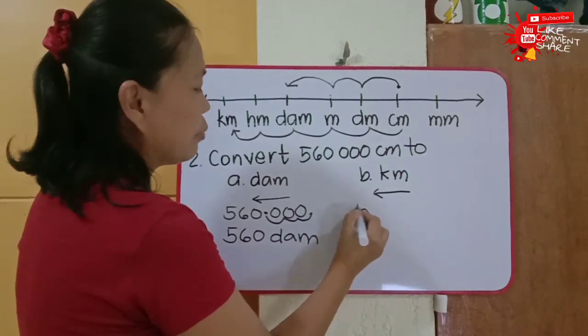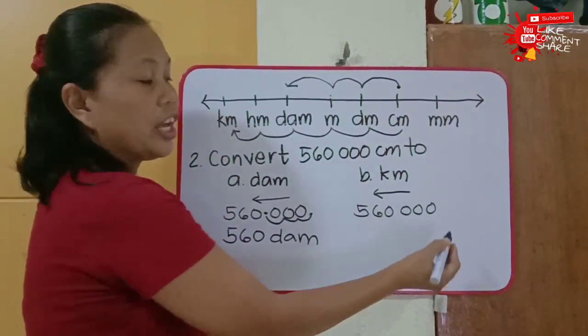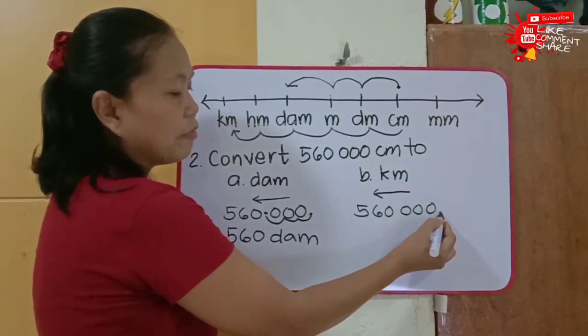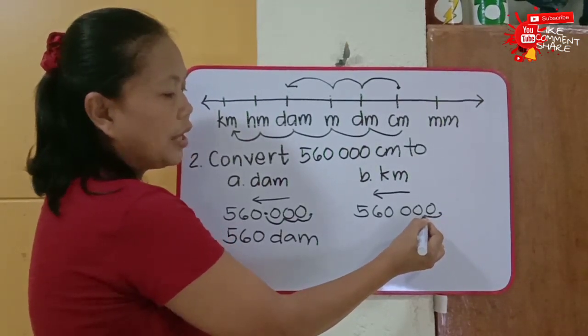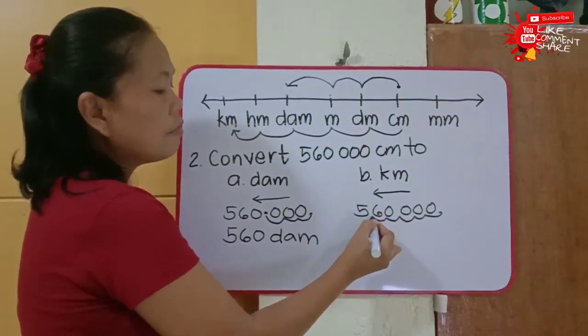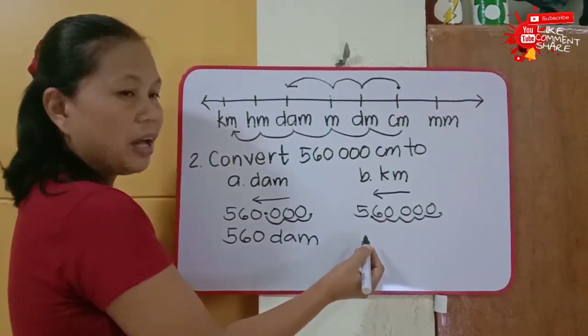So we have here 560,000. And again, the location of the decimal point will be here. So we will move it 5 times to the left. 1, 2, 3, 4, 5. So this will now be the new location of the decimal point.